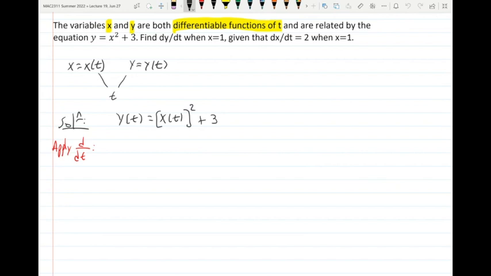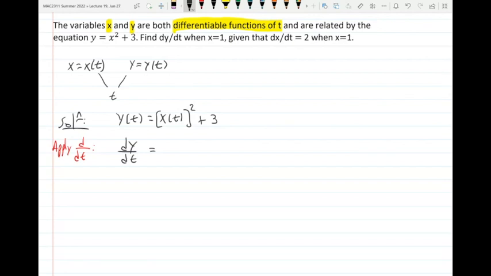Do you mean dy/dt or dy/dx? I could ask you for dy/dx, because y is a function of x as well. So here, this comes in very handy. It's very important that you tell me with respect to what variable you are taking the derivative. So dy/dt is going to be equal to, now what's the derivative on the right hand side? What do you think we need to do?